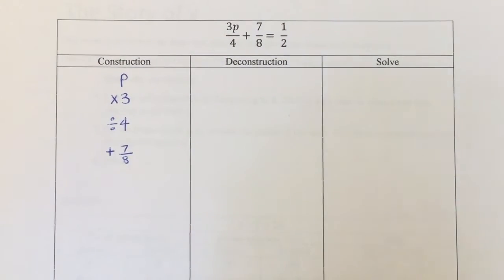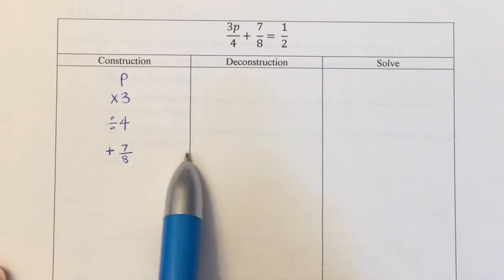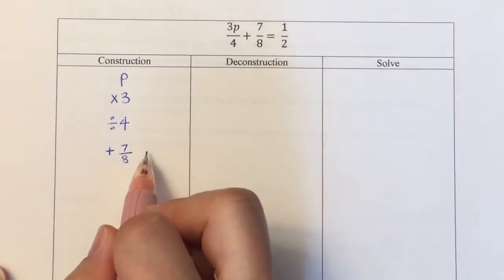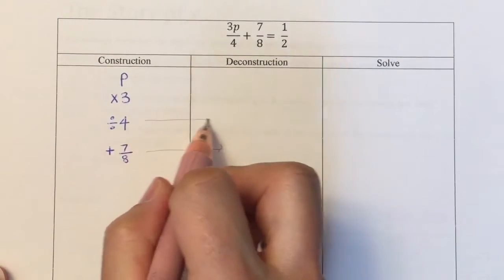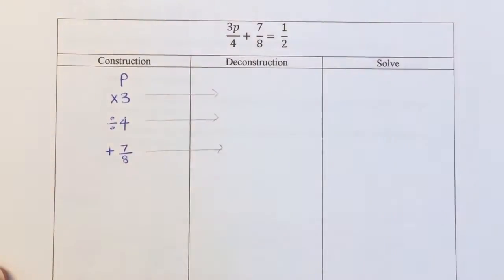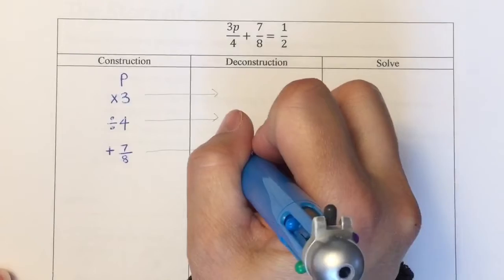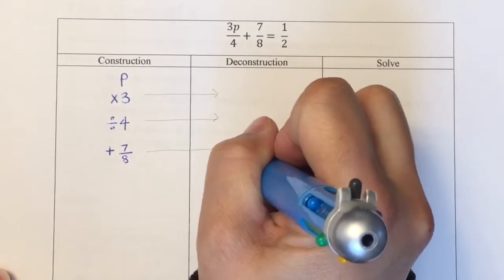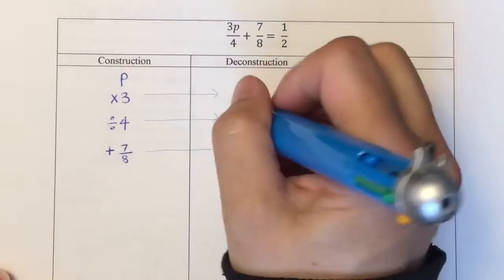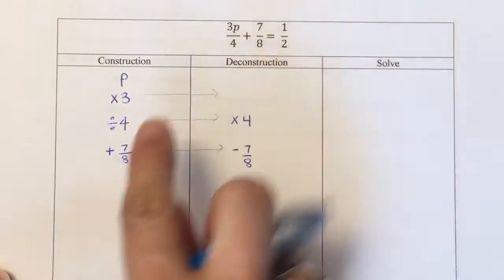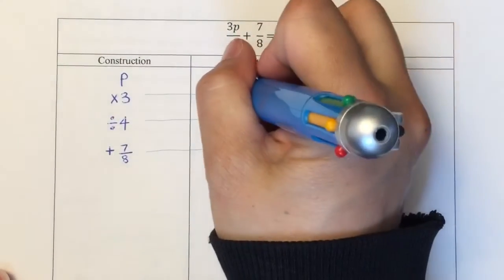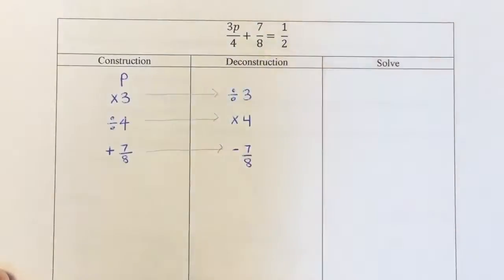Now to deconstruct this, I'm going to go across here and right away write the opposite operation. So plus 7/8 is minus 7/8. Divided by 4 would be multiplied by 4. And multiplied by 3 would be divided by 3.